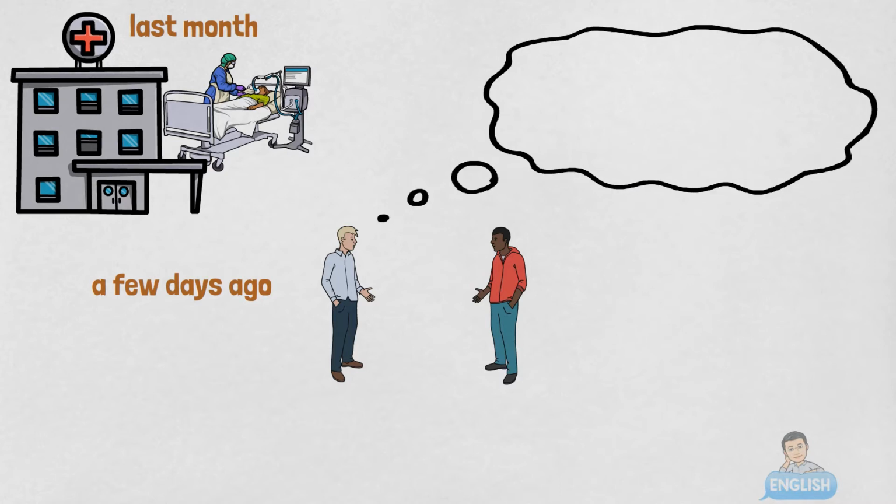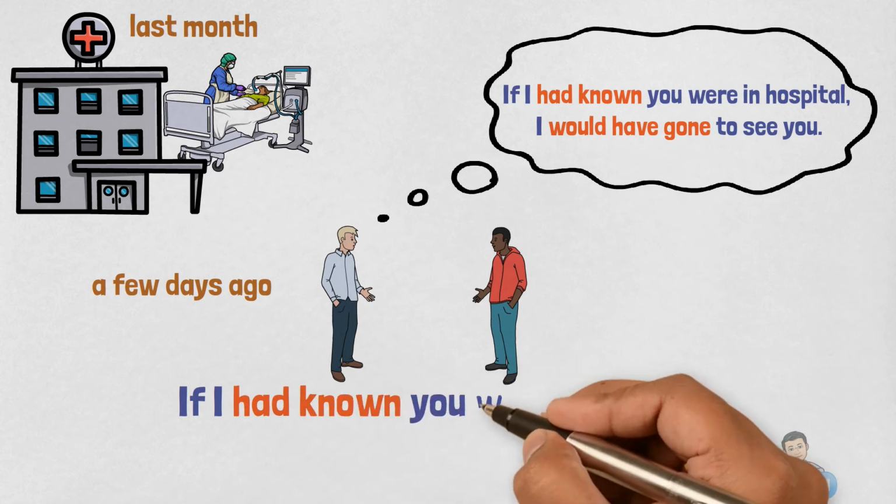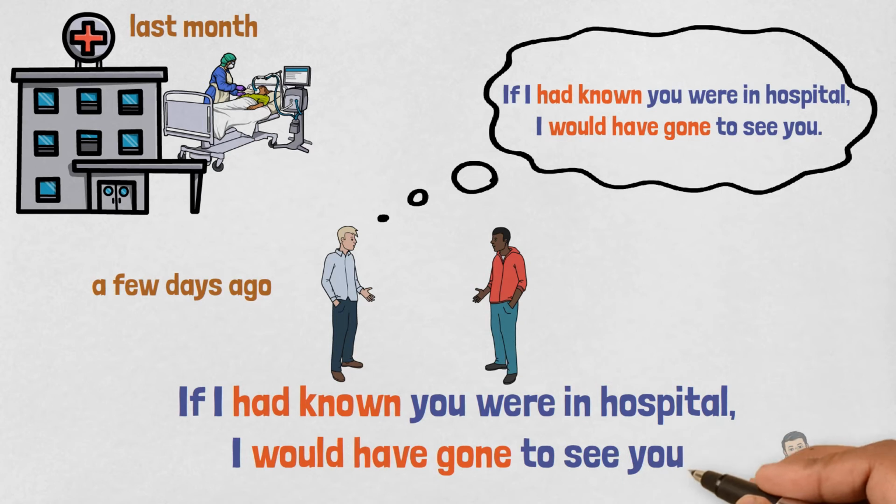Andy said to Ben, "If I had known you were in hospital, I would have gone to see you." This sentence means that Andy didn't know that Ben was in hospital. He regrets not going to see him, so he says, "If I had known you were in hospital, I would have gone to see you." When there is such a situation, we use the third conditional sentence.